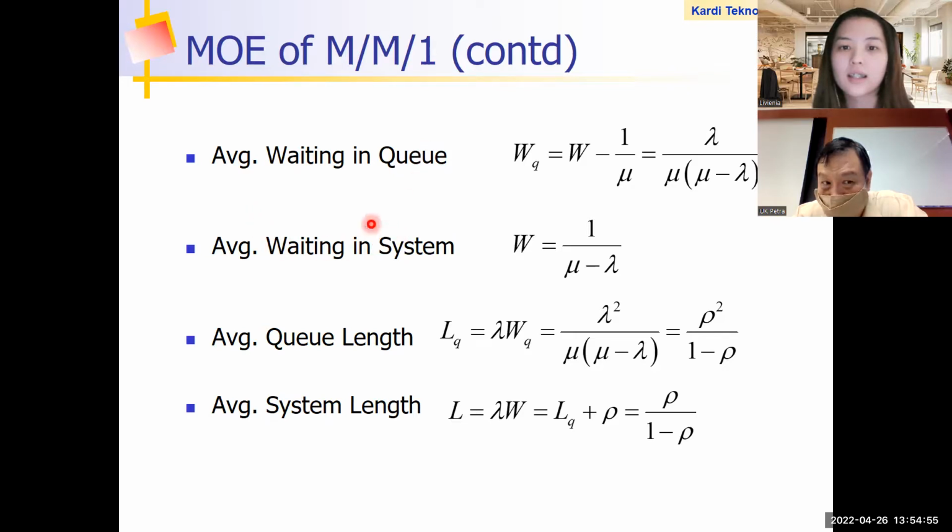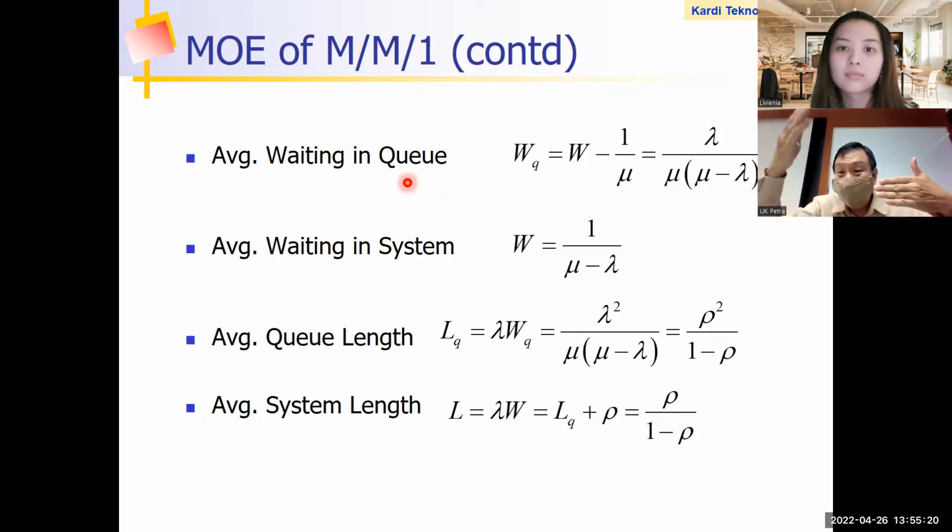Waiting in system includes being served, from entering the system until out. One person from entering the system until out is the average waiting time in the system. This one, the queue, is only during waiting, before being served.